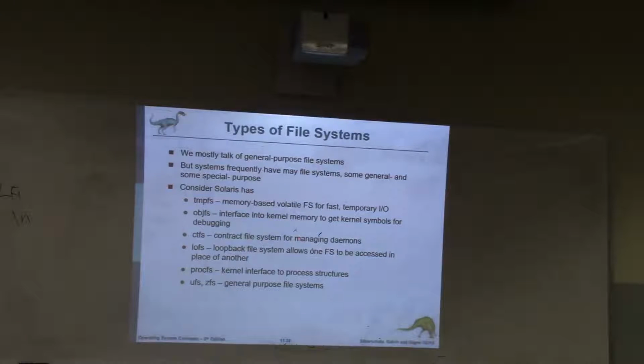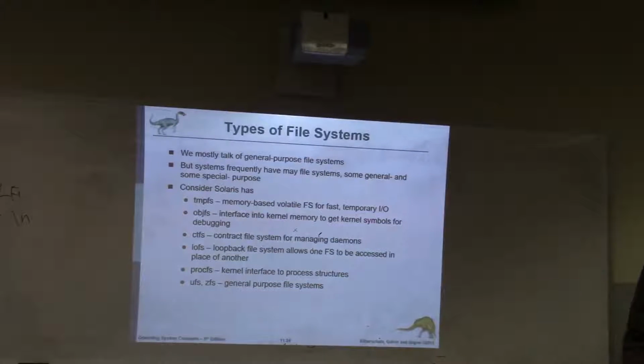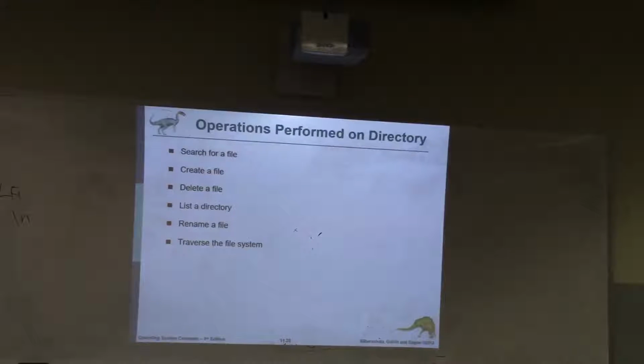That includes even a temporary file system, or UFS, which is very popular in general for general-purpose use. We even have the network file system, NFS, that connects to a file system on the remote side.